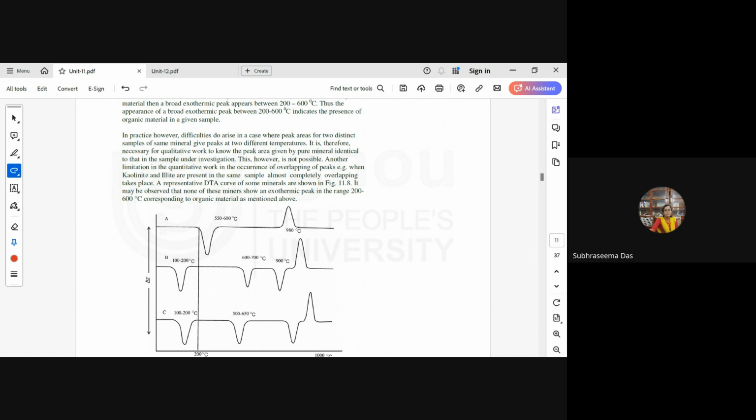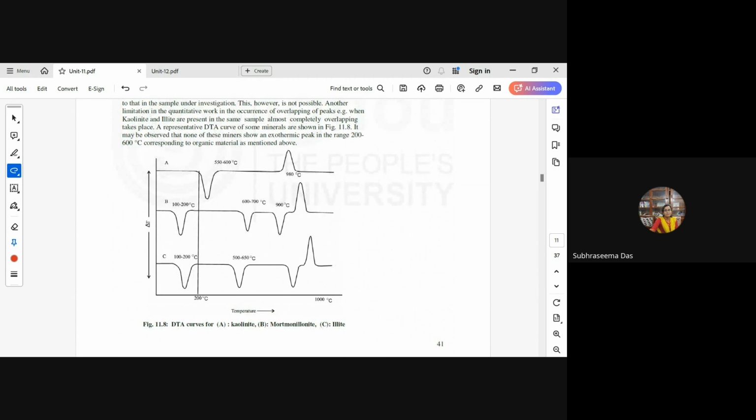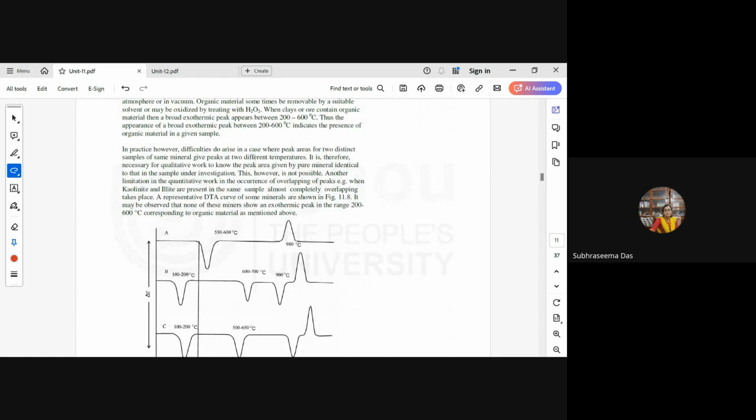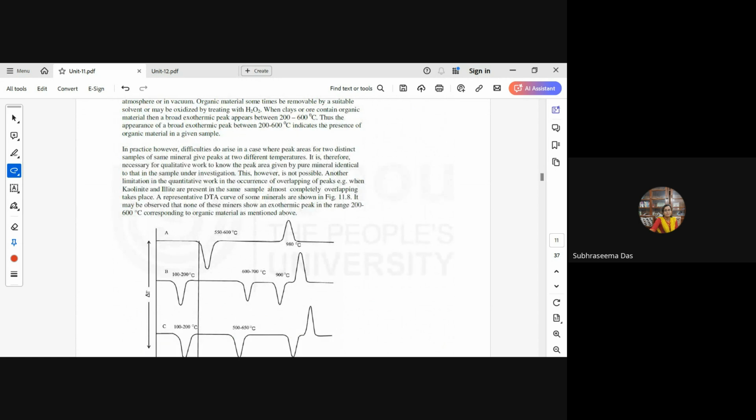Now if we look into figure 11.8, three different samples have been given. One is kaolinite, the second is montmorillonite, and the third is illite. Here, multiple peaks are present. Kaolinite and illite are almost overlapping each other.